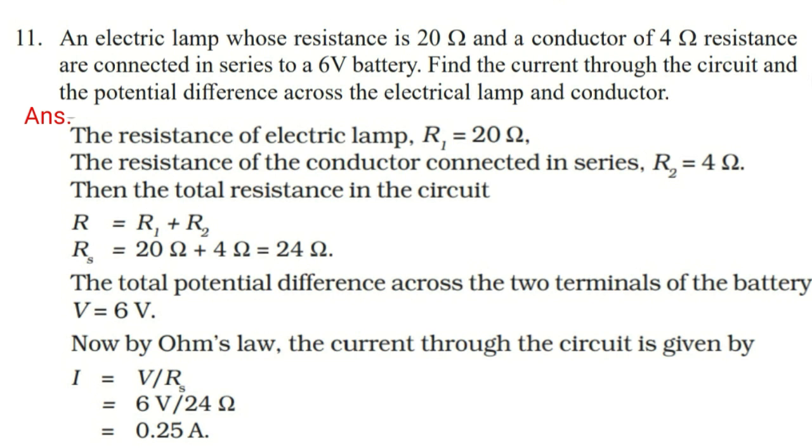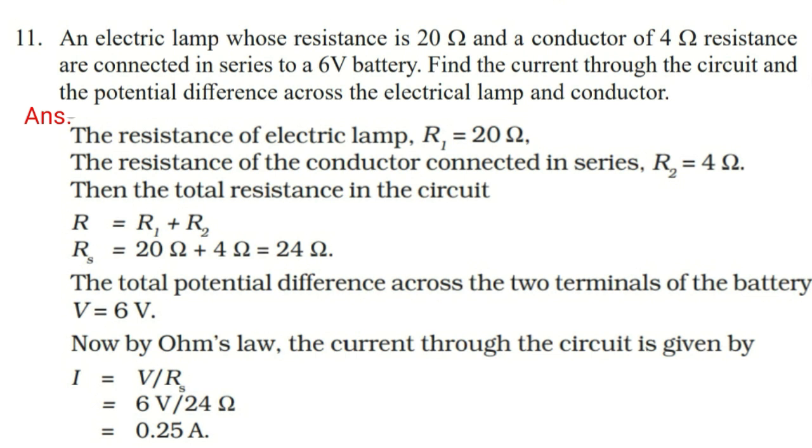We add the two resistances, 20 and 4 ohms. So Rs, resistance in series, is equal to 20 ohms plus 4 ohms, that is equal to 24 ohms. Then the potential difference is also given here, that is V is equal to 6 volts.